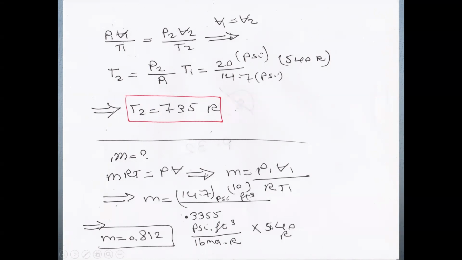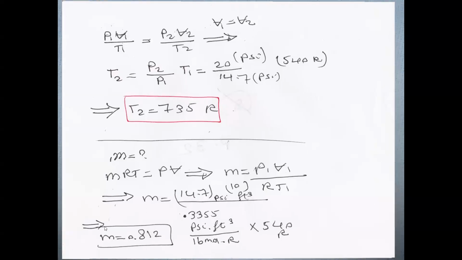T1 is 540 Rankine. And you have R, you can get it from the table for air. The units should be consistent, and we have P1, which is 14.7 psi, and you have V1, which is 10 cubic feet. You just plug everything in, and you get m as 0.812 pound mass.